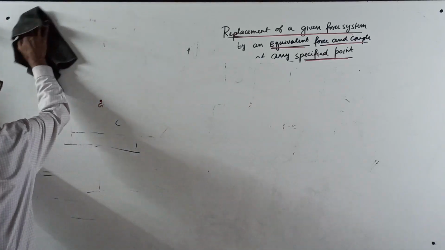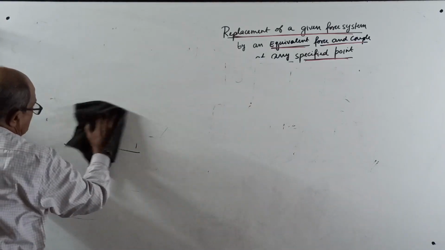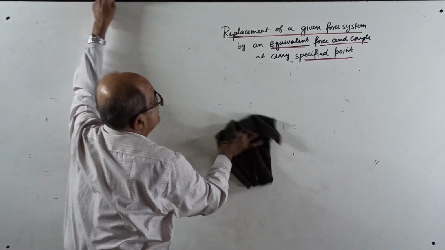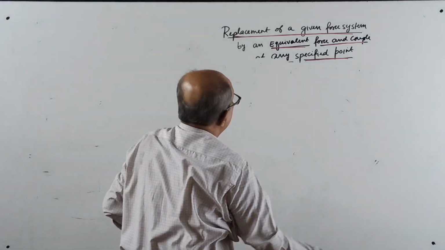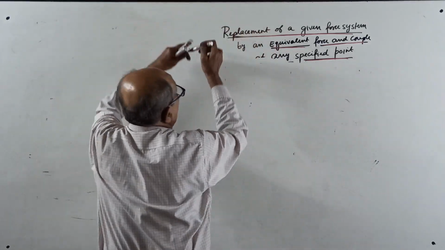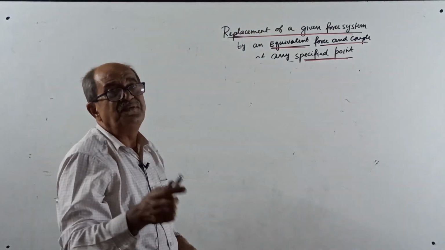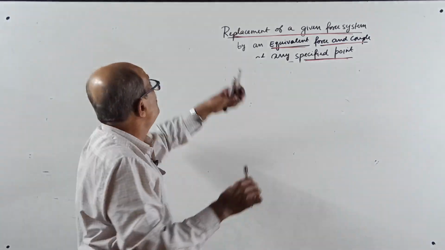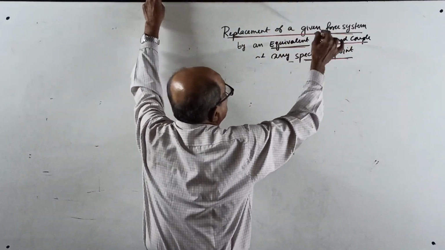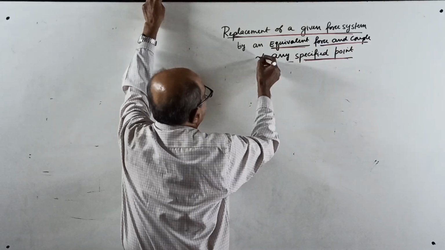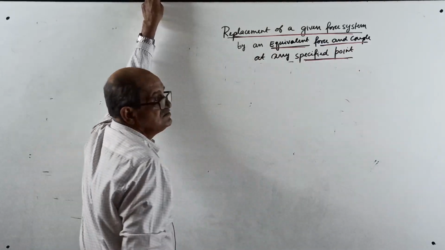Now, an important concept once again, back to engineering mechanics. Okay, see here. Now come to the system. Earlier I told how to replace a force, one force. Now, replacement of a given force system by an equivalent force and couple at any specified point.